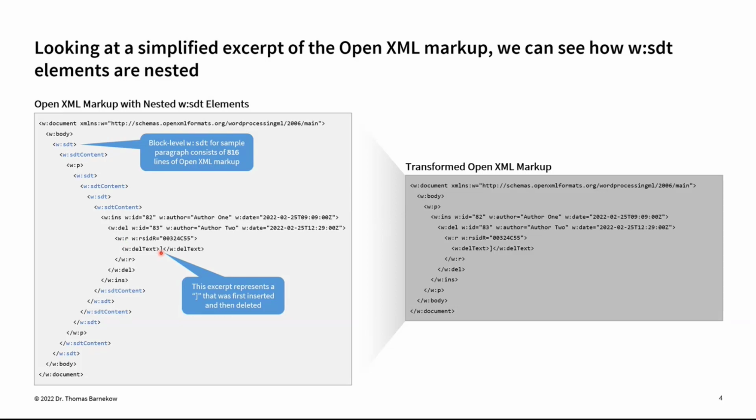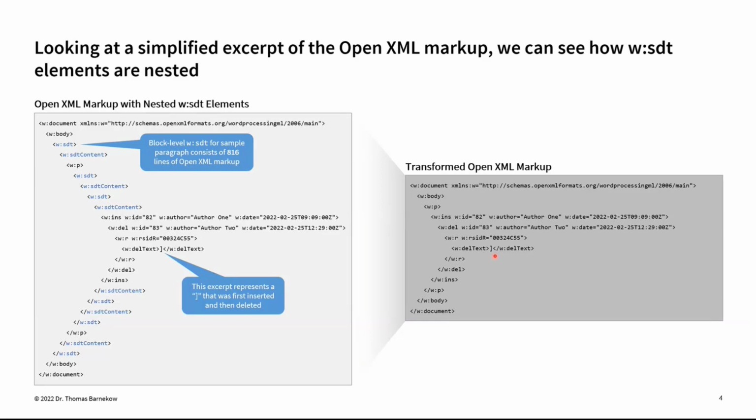All of this was to show a closing square bracket that was once inserted and then deleted. The cleaned up markup, which obviously requires some recursion to do, looks like the markup on the right. This only has the paragraph with the inserted run, the deletion marker, and then the actual run with the deleted text of the square bracket. So this was the task, to turn the left markup into the right markup.